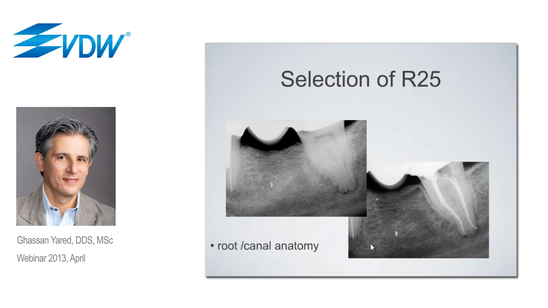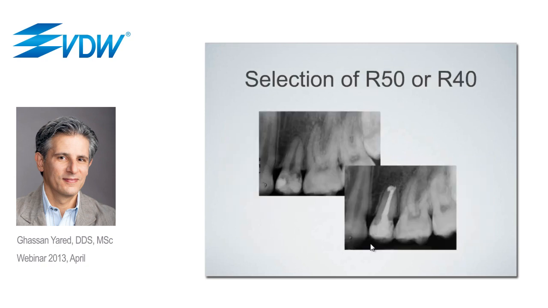Obviously here, I'm not going to use the R40, which has a 6% taper, to prepare this canal which has an S curvature. This is a case where I would use the R25. There are some cases, like this one, where the canal is completely visible on the radiograph. In this case, we will use either the R40 or the R50, depending on the test that we will do with the hand file.